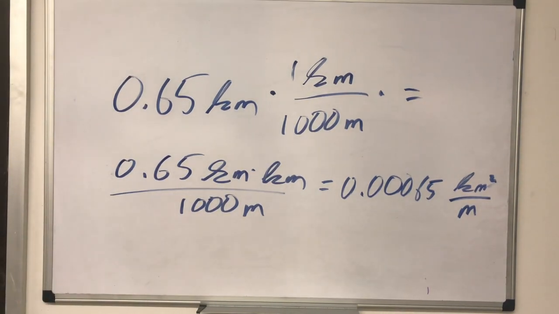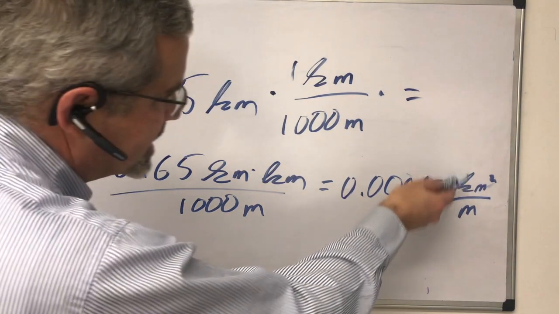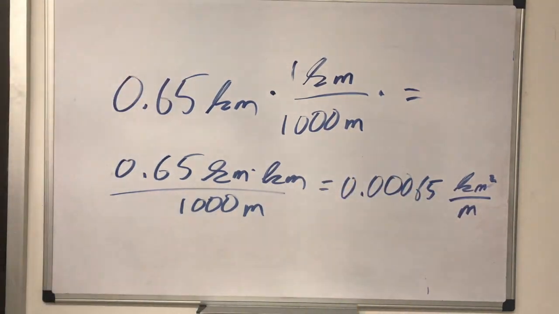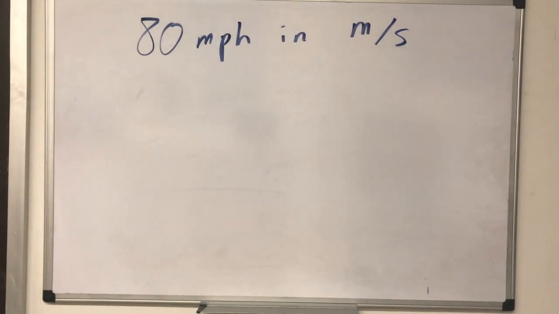Now, it's clear looking at the units that I've made a mistake because this doesn't make any sense. Now, it's actually correct. If I worked it out, I'd come back to 650 meters, but that's how I can tell if I've made a mistake.